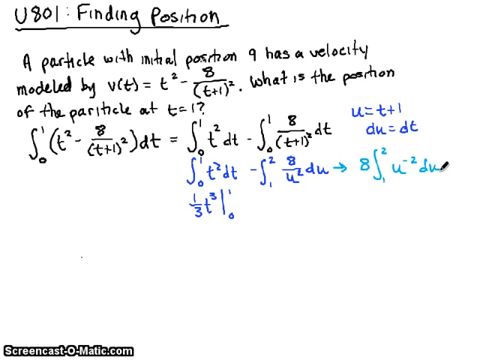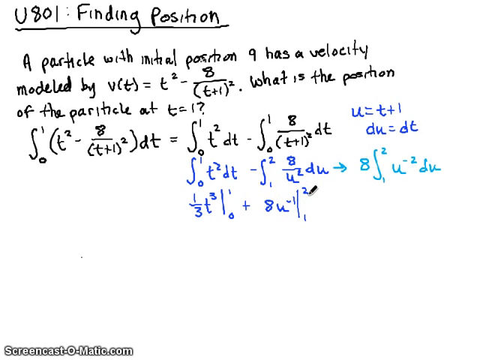That way we can increase and divide. So then we're going to say minus, because there's a minus in between our two integrals, 8, and if we increase and divide, we are going to have u to the negative first power divided by negative 1. We can make that a plus now. And we're going to integrate that part from 1 to 2.